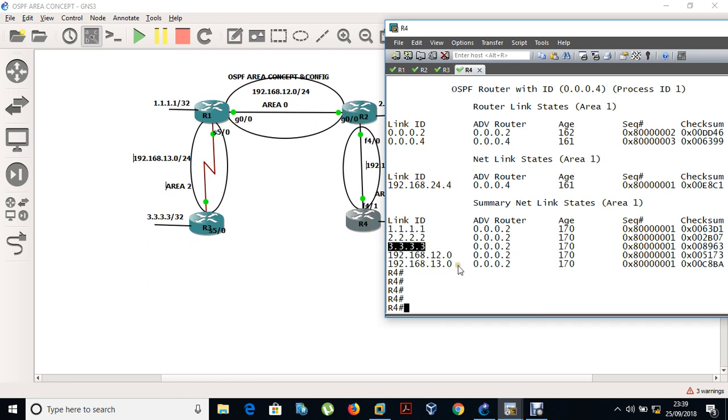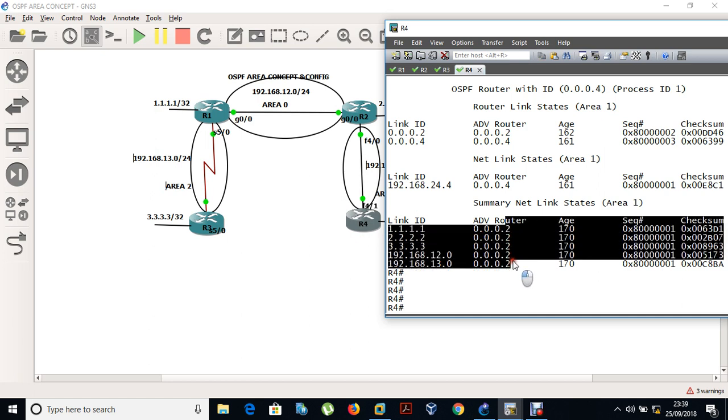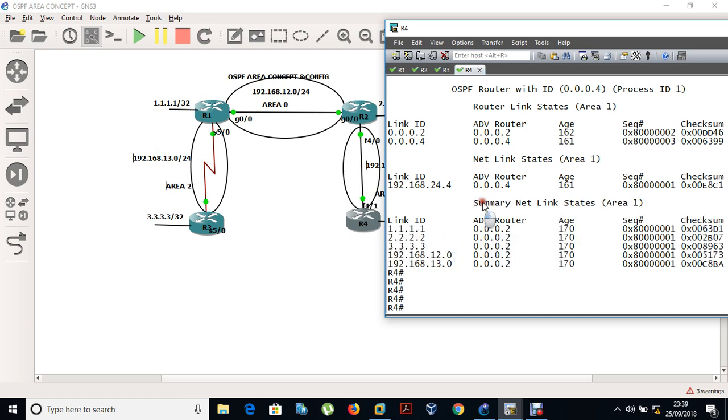And as you can see, network 13, R1 is advertising to R2, and R2 is advertising to R4. R2 is still advertising all these. So this is called network summary LSA. That means this guy is giving brief information, because R4 has no clue what exists behind R2.